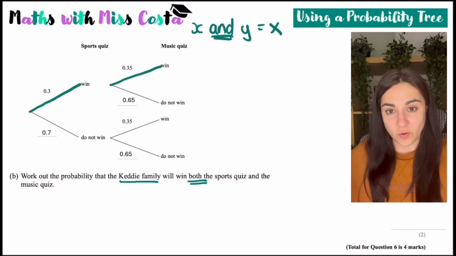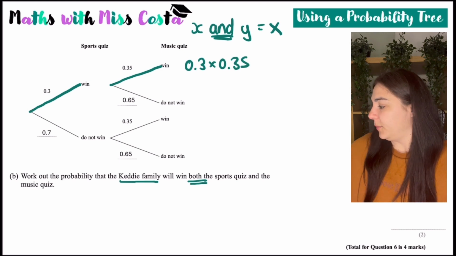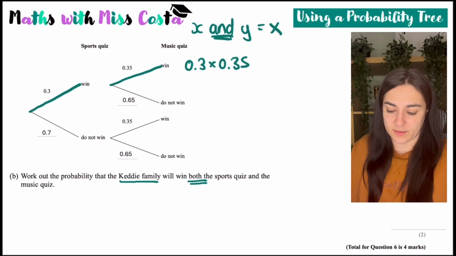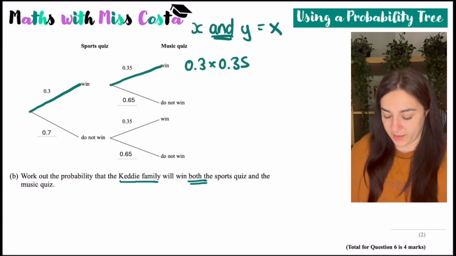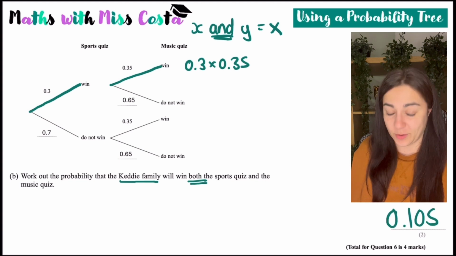So when you go along your branches, you multiply. So I'm going to do 0.3 times 0.35, which leaves me with 0.105. So that would be the probability that they win both.